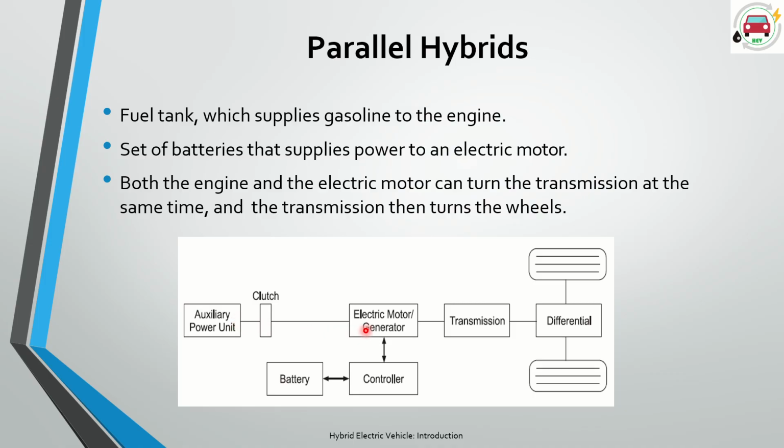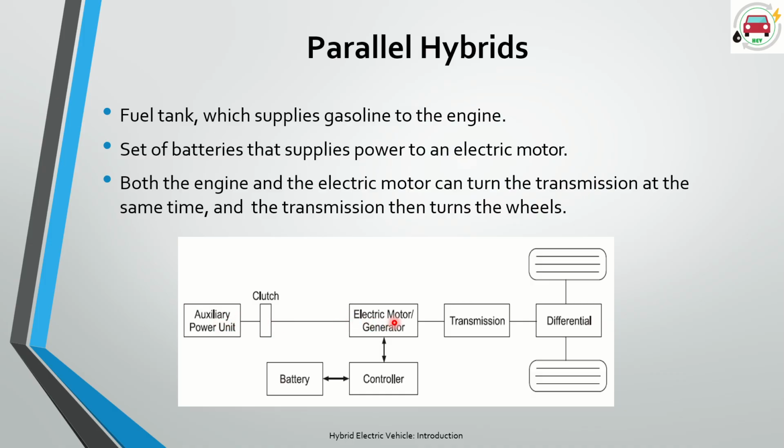So let me make it clear: suppose this auxiliary unit is giving us 40 HP of power, and this electric motor is giving 10 HP.